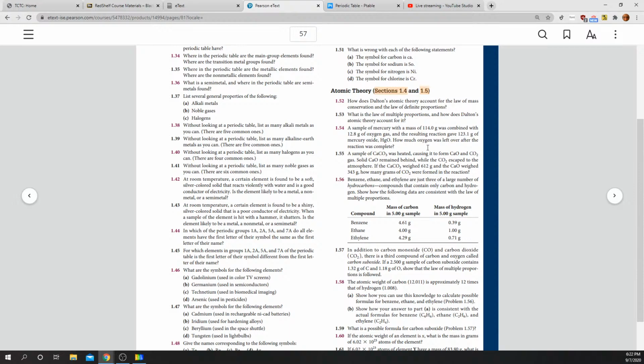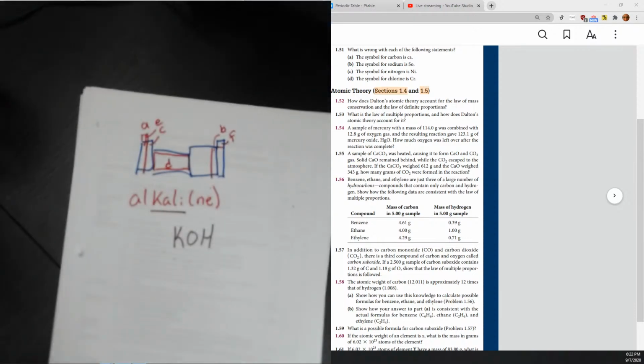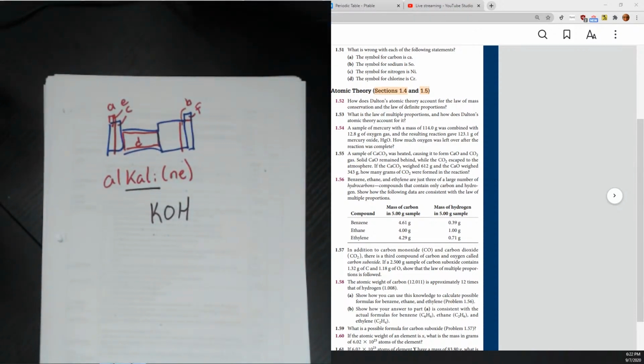Well, I'm guessing that we're supposed to assume that all of the mercury got used up in this reaction. So all the mercury got used up, and we're left with just oxygen after that.